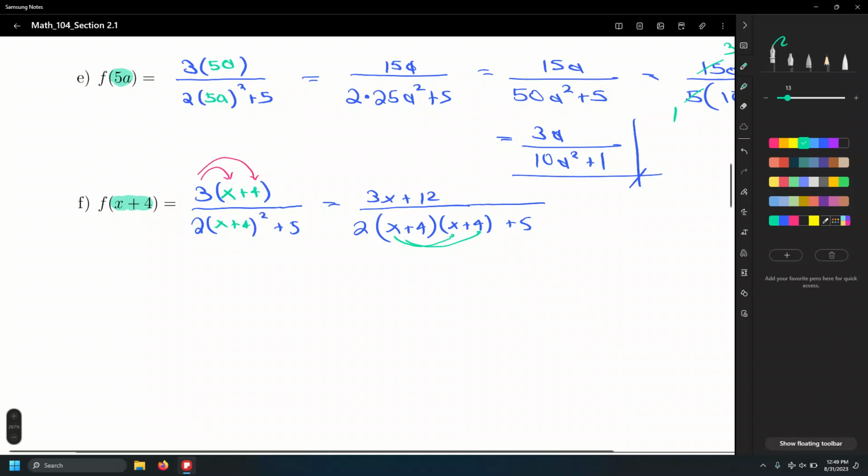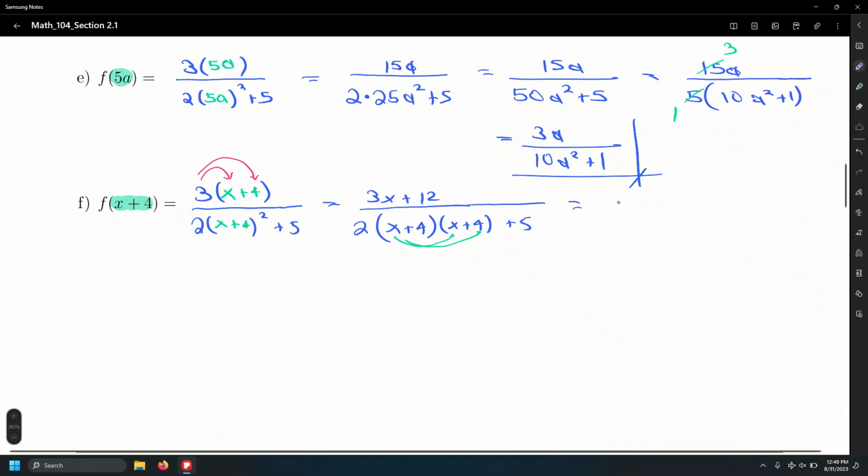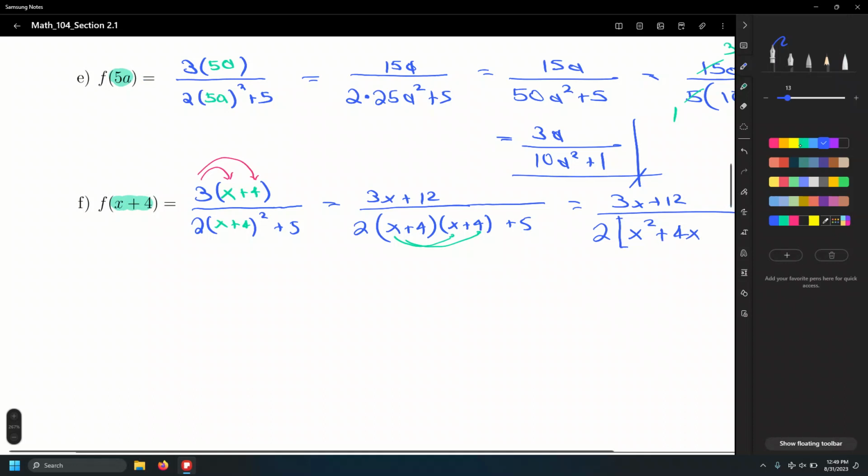That's going to give us as a result, in the numerator, we still have the quantity 3x plus 12 over the quantity 2 times, be careful, in this case I'm going to open brackets and do the result of getting x times x, which is x squared, and then plus 4x, and then I'm going to do the second part of the foiling here.